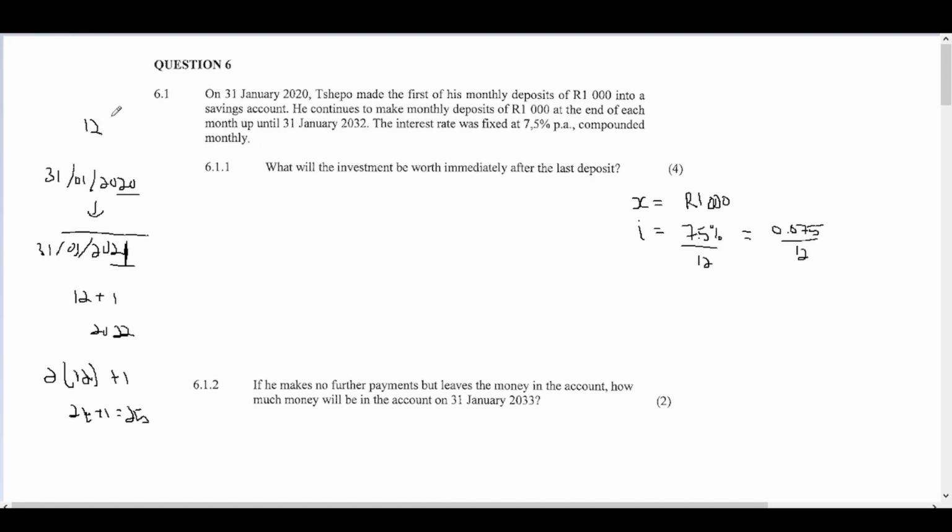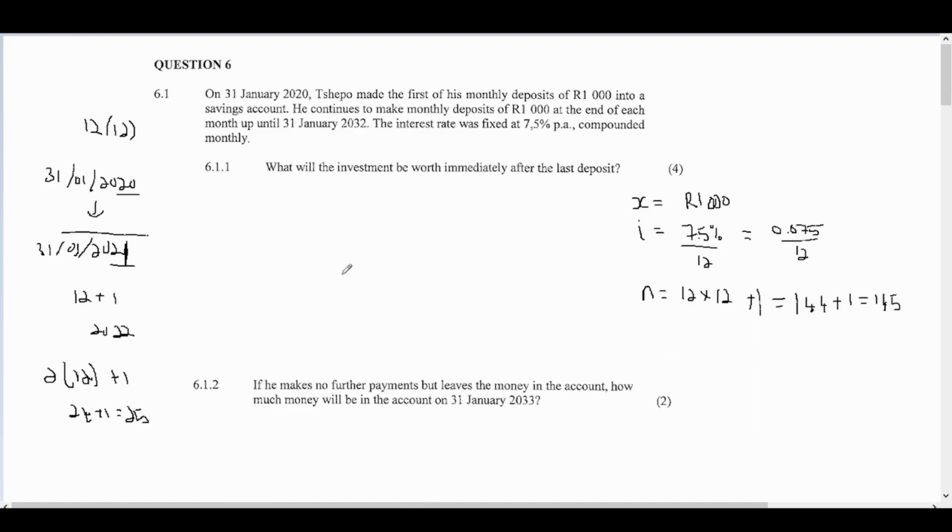So the number of months is 12 multiplied by the number of years, plus our January month, because we still have that one. That's equal to 144 plus 1 equals 145. There we go, straightforward. Okay, now we've got all our variables.